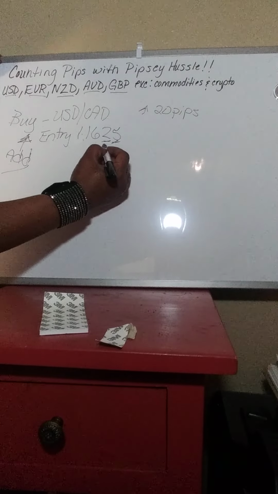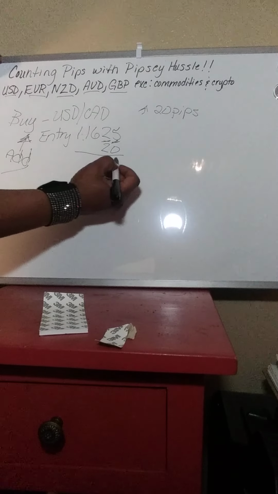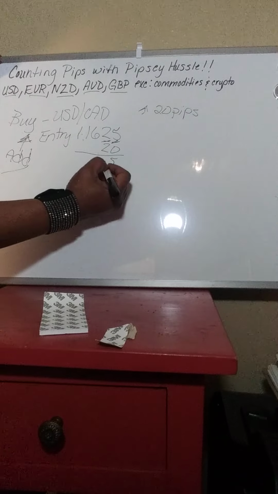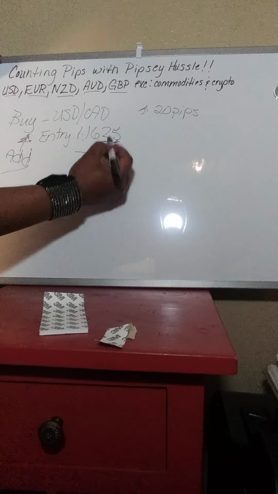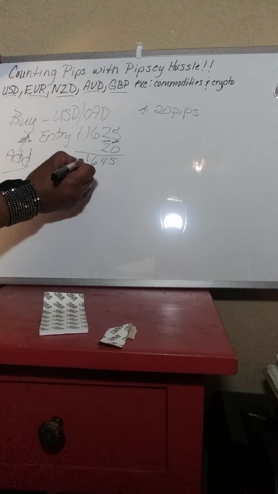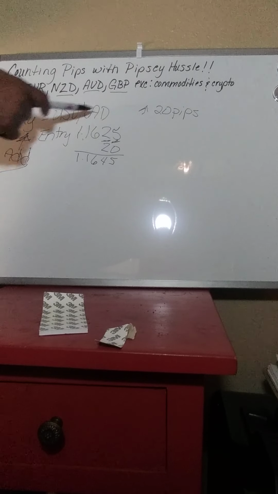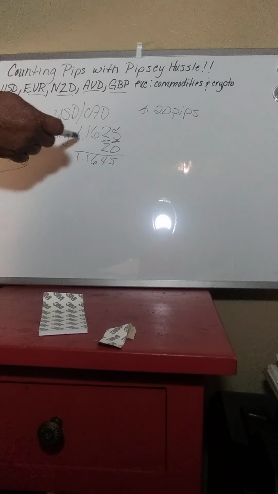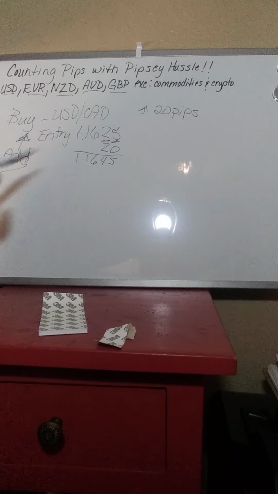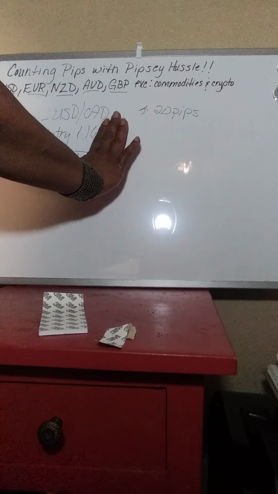And we're going to add the 20 pips to this number right here. So you're going to add 5 plus 0 is 5, 2 plus 2 is 4, you bring your 6 down, 1 and 1. So if you wanted to get 20 pips on a buy on USD CAD and you entered at 1.1625, and don't make this too difficult, y'all, that's really just $1.16.